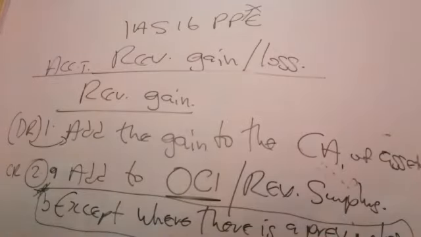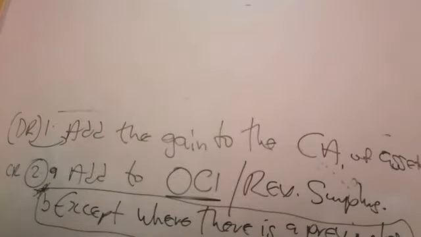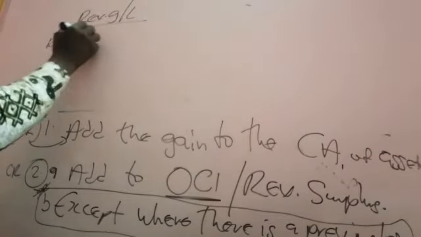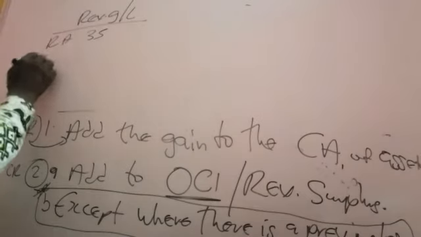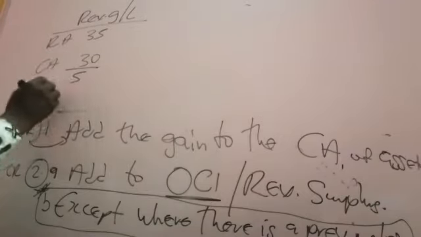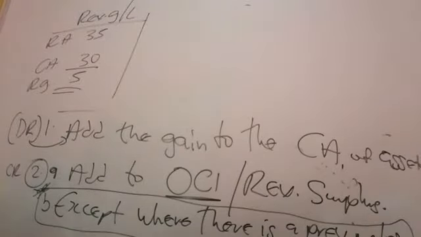Good. Now let's use our example. We had a gain of 5 cedis. Assuming the calculation of revaluation gain or loss: revalued amount 35, current amount 30, a gain of 5 cedis, the revaluation gain. First, we are saying debit the asset carrying amount.